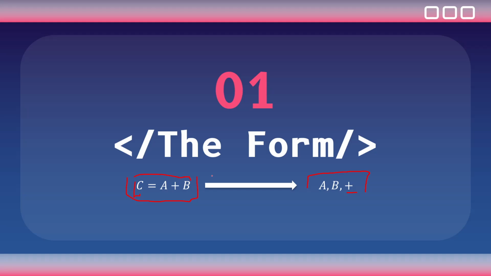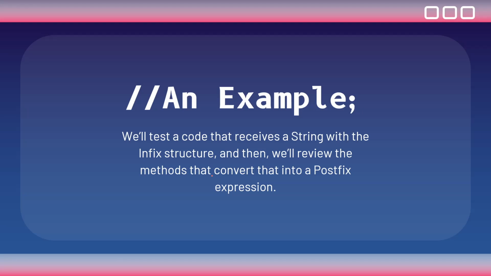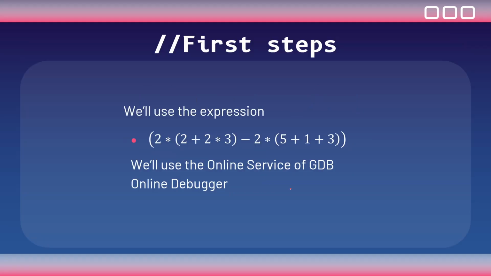So we'll see an example. We'll test a code that receives a string with the infix structure, and then we'll review the methods that convert that into a postfix expression. Our expression is this: parentheses 2 times 4, parentheses 2 plus 2 times 3, parentheses and minus.